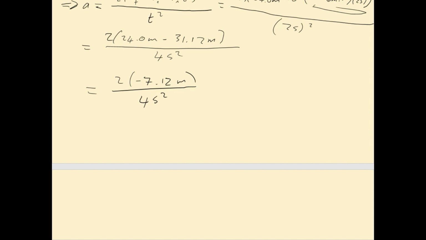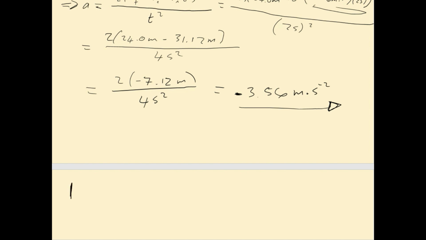And now I'm just going to put this in the calculator, and this is equal to negative 3.56 meters per second squared. And this is the acceleration. It makes sense, even intuitively. It is negative because he slammed the brakes, and it's a reasonable answer.